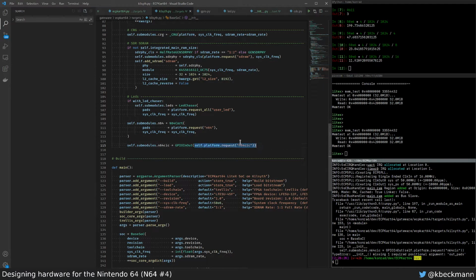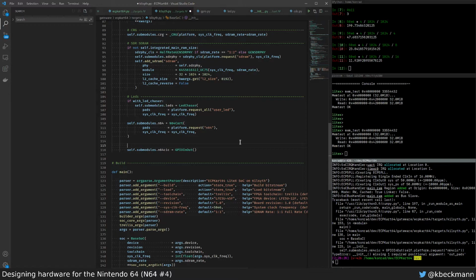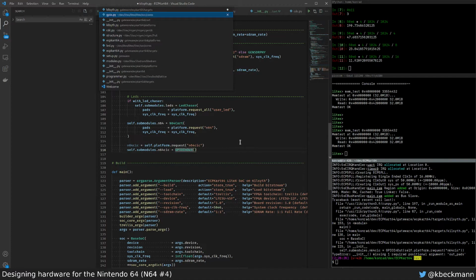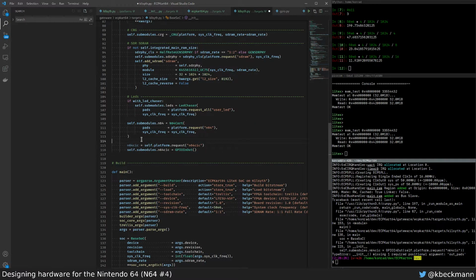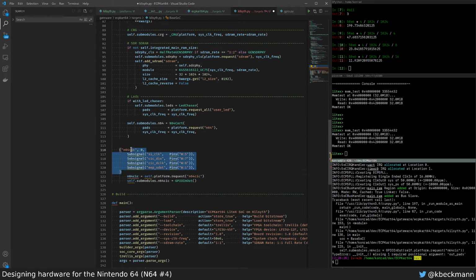Okay, let's do it like this. N64 CIC. Here we request those pads, and then we create a GPIO for each signal, or for each sub-signal, so to say. Yeah, and we had these ones. So as I said, cheat sheet. Let's keep them here.